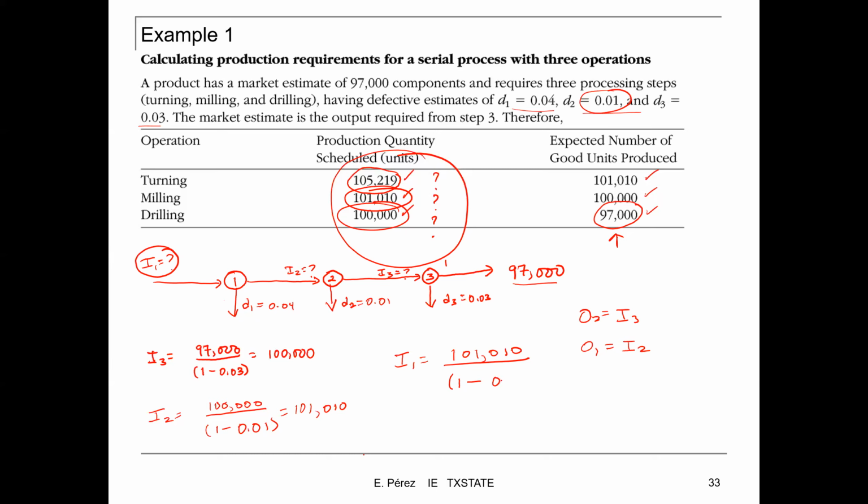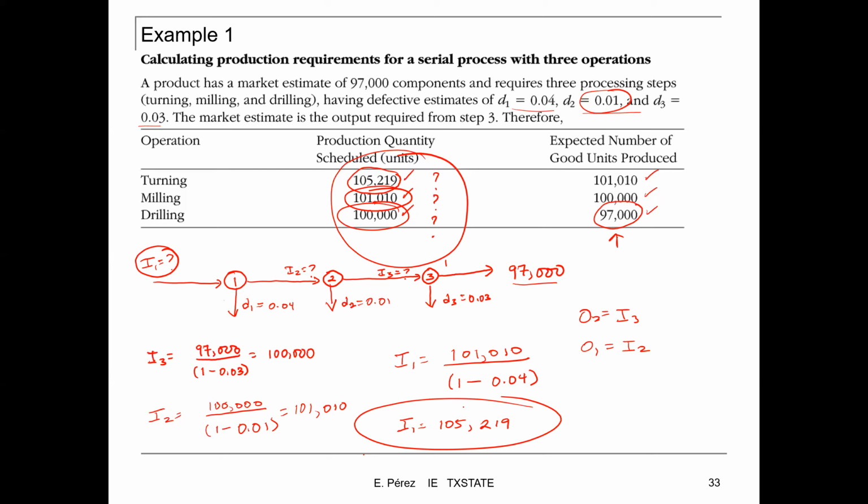So it's 1 minus 0.04. The required input for this process is equal to 105,290.